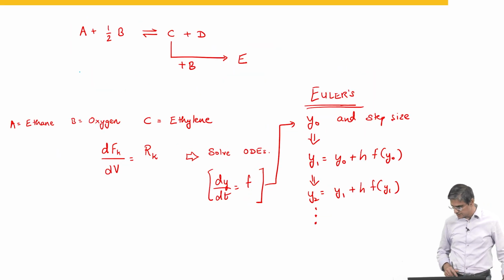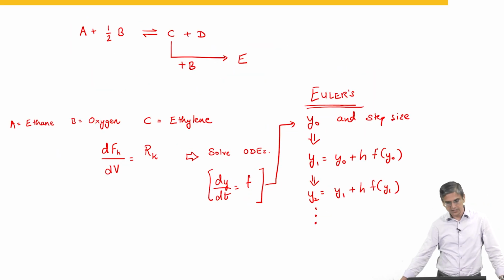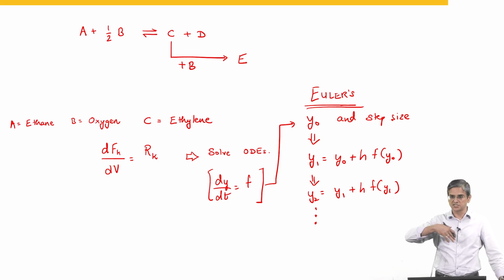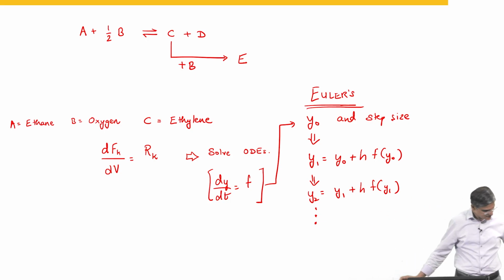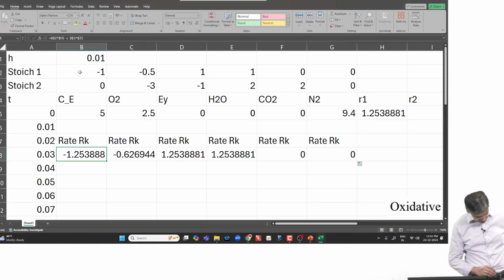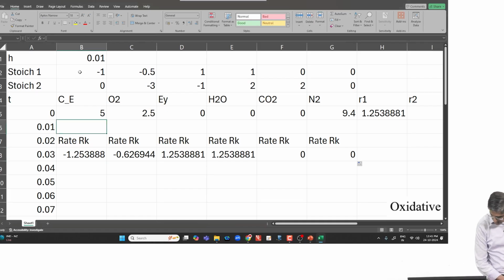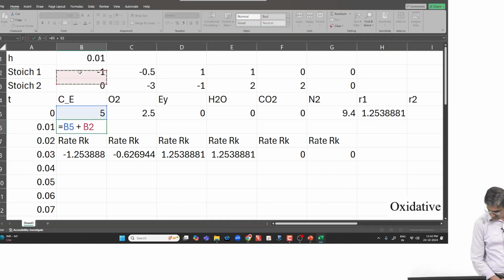Now, if we look at our Euler's method, Ck at the next time step is Ck at the previous time step plus step size multiplied by f. We will write that like that. So, this is nothing but Ck at the previous time step plus step size, which is this, multiplied by, right now I will just put 0 over there.